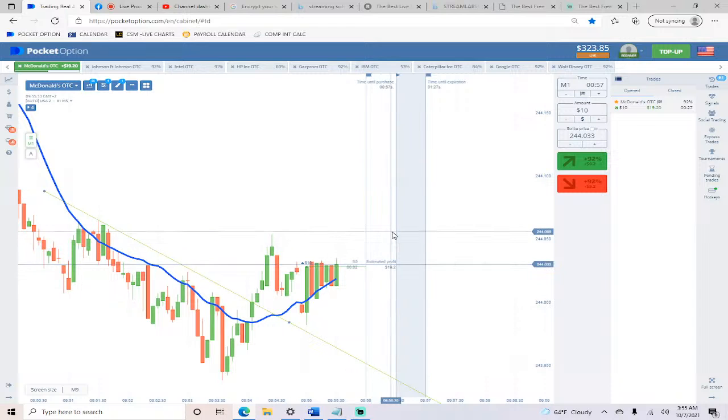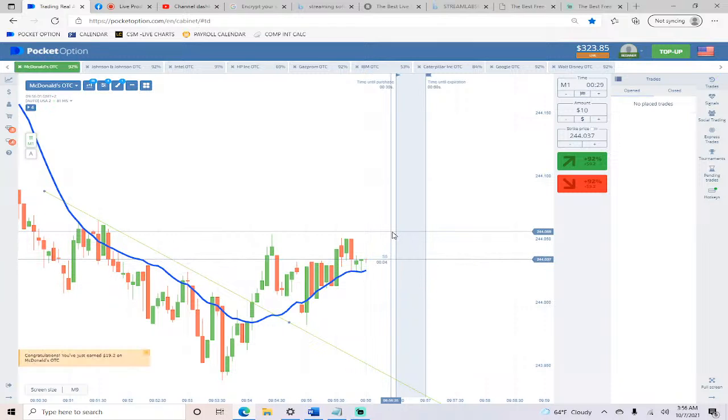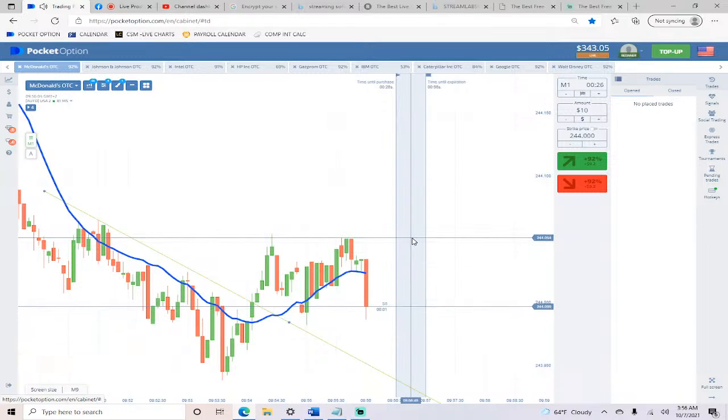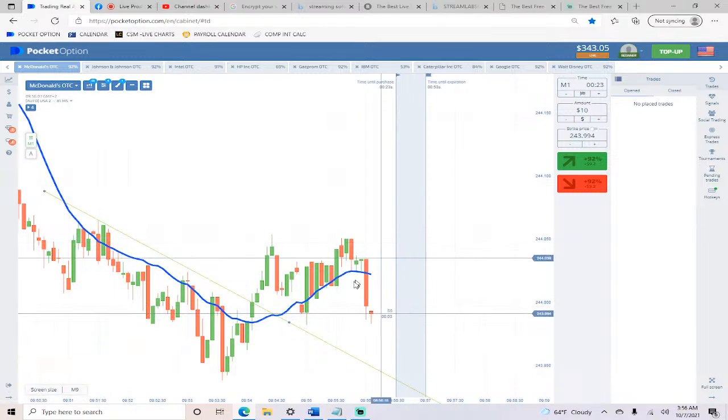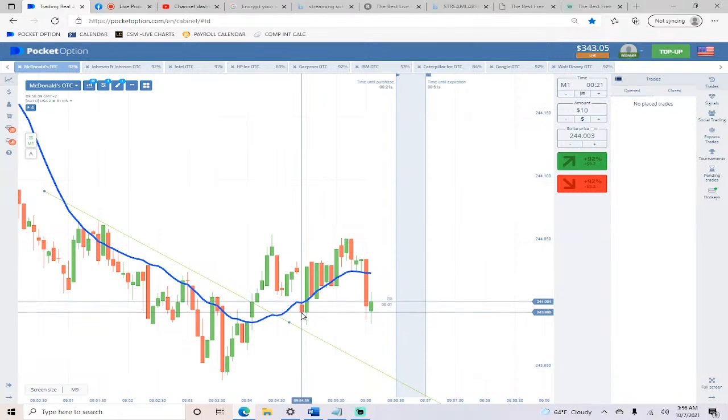This thing's getting ready to bust through here. On that one too. This would have been good.